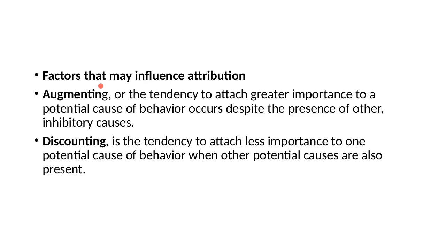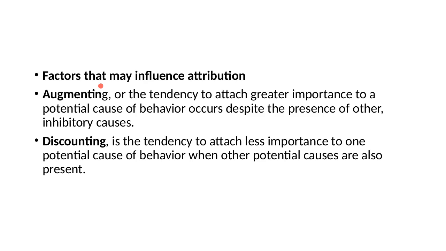So in augmenting, people tend to attach greater importance to potential causes of behavior. So the way you perceive me will be affected by two things, either augmenting or discounting. In augmenting, you are focusing more on the potential cause of my behavior.